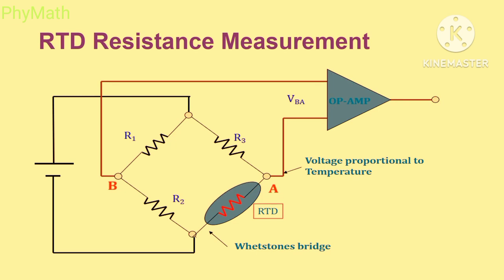As temperature increases, the resistance of RTD increases, and then your Wheatstone bridge will be in unbalanced condition. When the bridge is unbalanced, you will get some voltage, which you measure on the galvanometer. You can apply the same voltage to the op-amp for amplification. This is how to measure the resistance by using Wheatstone bridge: first the balanced condition and second the unbalanced condition.